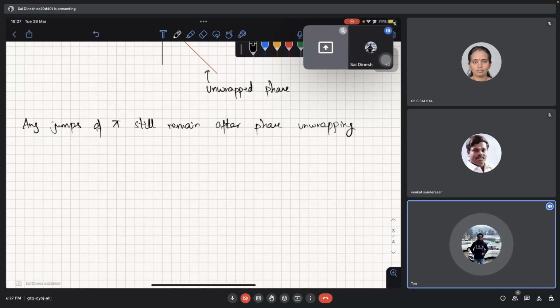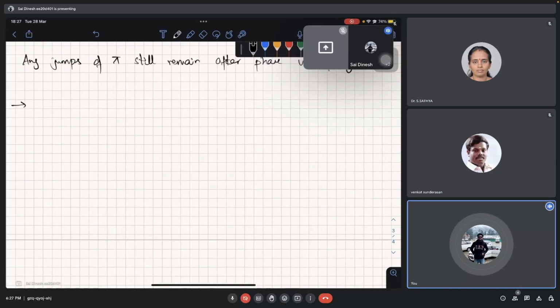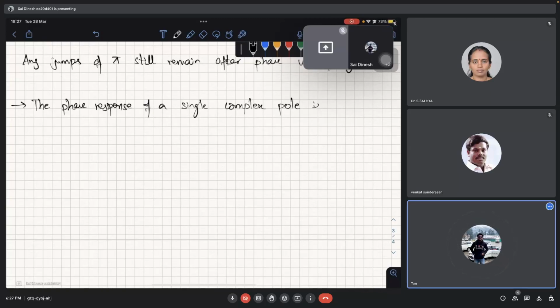Now, one more thing is that the phase response of a single complex pole is the negative of the phase response of a single complex zero.